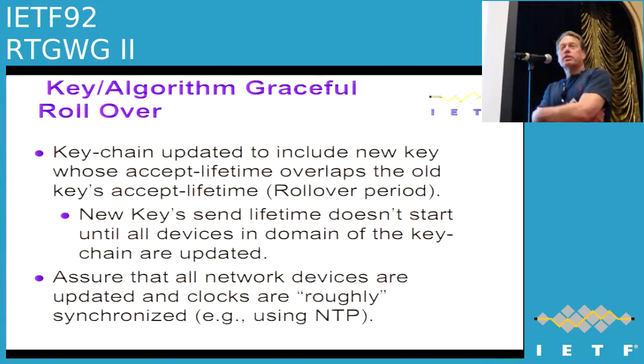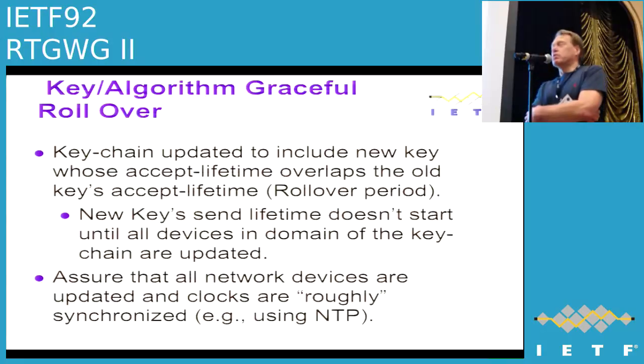Now, you also define a send lifetime that's far enough in the future that you can assure you have had time, using NETCONF or whatever mechanism you use to distribute your YANG model, to distribute it to all the routers. And you're also presuming that your routers are roughly synchronized. There's no reason they have to be exactly synchronized, but roughly synchronized using Network Time Protocol or something else.